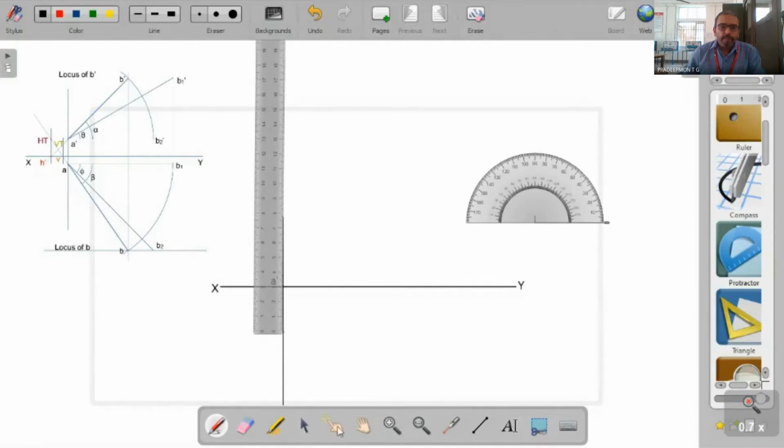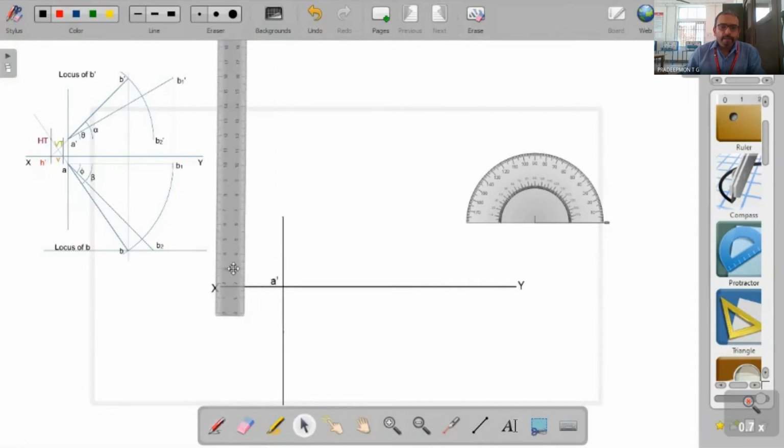Here is the point A. So A dash is here as well as A is here.